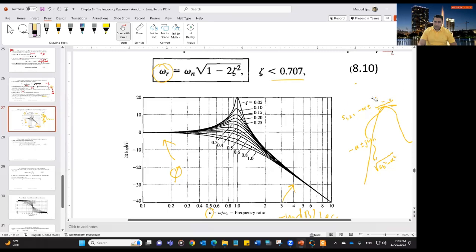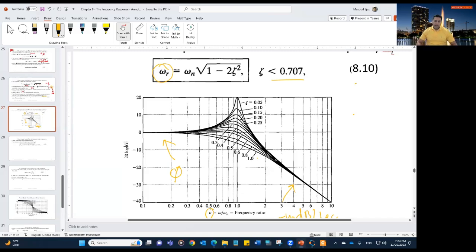So anyways, when you draw this curve, the second order curve, and this is the exact curve, although it's 20 log 10, you're going to have a peak value upward for the second order system. Initially, it's going to be 0. Asymptotically it's going to be negative 40 decibel per decade.